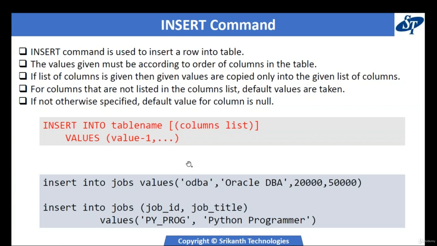You cannot insert anything that is contradicting the constraints. We'll discuss more about constraints later, but if there is a column that is supposed to be unique, you can't have a duplicate value. If a column is supposed to be not null, you can't have a null value.